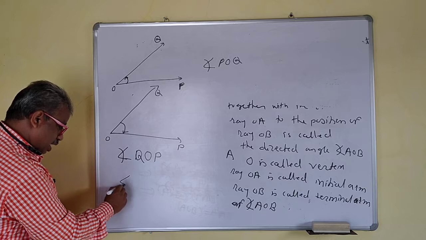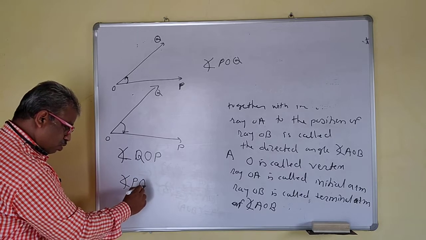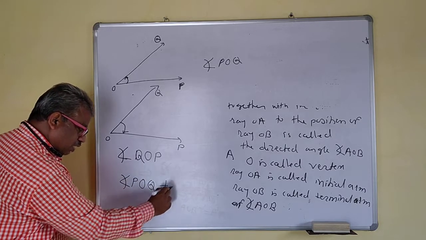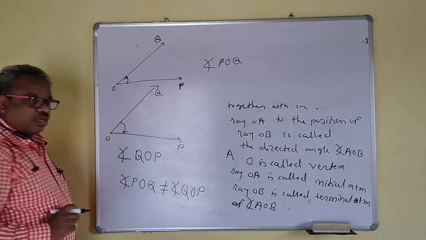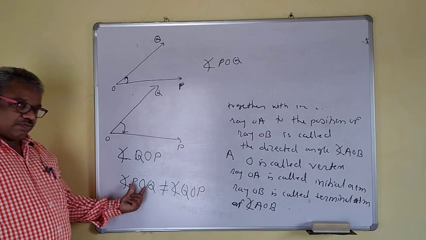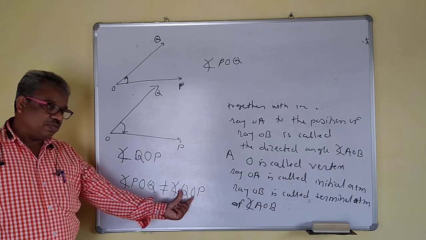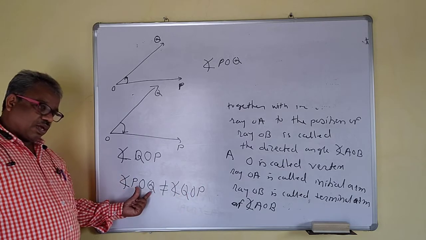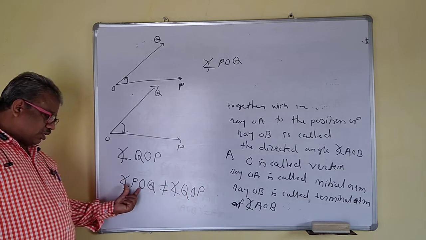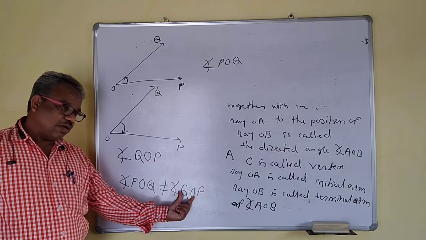Note that directed angle POQ is not the same as directed angle QOP, because here terminal arm is OP and here terminal arm is OQ. Here initial arm is OP, here initial arm is OQ.